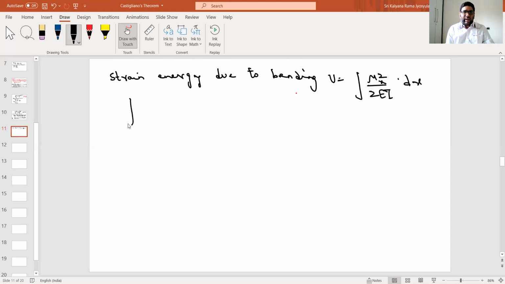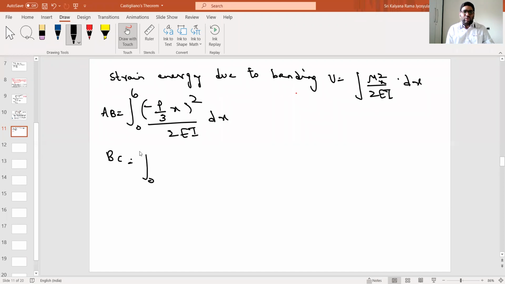Therefore, integral 0 to 6 for portion AB, what is Mx? Minus P by 3 into x, whole square by 2EI into dx. And for BC, it is 0 to 2, minus Px whole square by 2EI into dx.